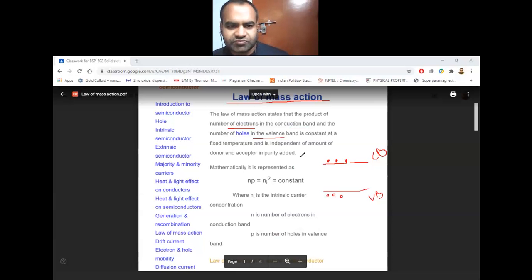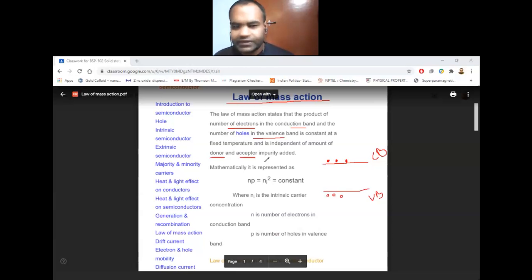So what are these donor and acceptor impurities? Sometimes you dope your semiconductors. What is an intrinsic semiconductor? An intrinsic semiconductor means there is no impurity in the semiconductor.